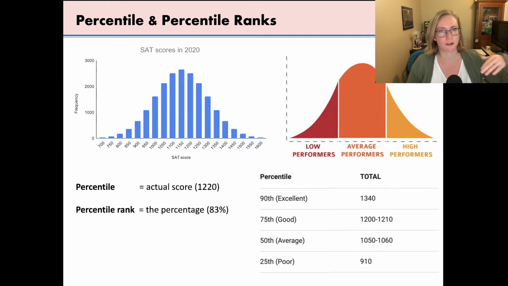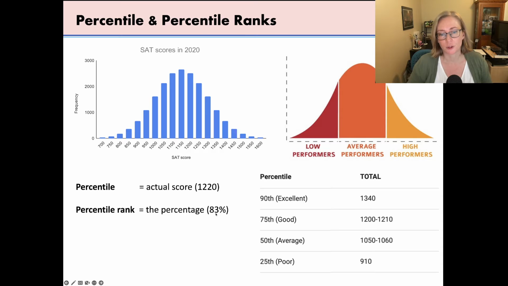If you're trying to see how you rank between everybody else who took the test, or nationwide, depending on what the population is that it's taking it from, they calculate your percentile rank for you, right? So a score of 1220, for example, would equate to a percentile rank of 83%, right? It's the percentage.